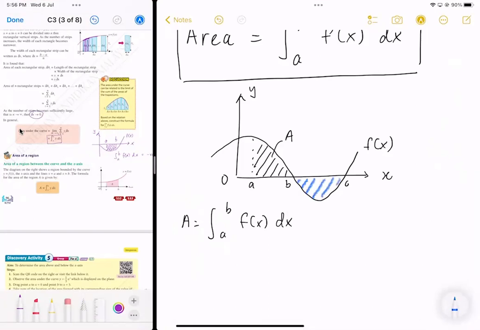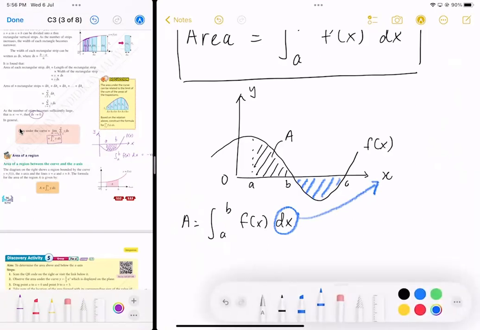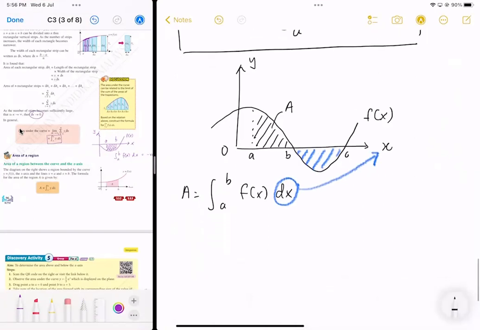Now, if I want to find the lower area, notice it's always with the axis. The dx here means it is with the x-axis. So let's say this is area B. Area B will be the integration from lower limit B to upper limit C of f(x) dx. When we calculate this, we would get a negative answer.